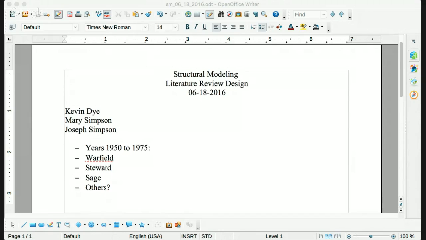But I think some of the problems started with people that were looking at Warfield's early work. Some of his early work in structuring complex systems is important.